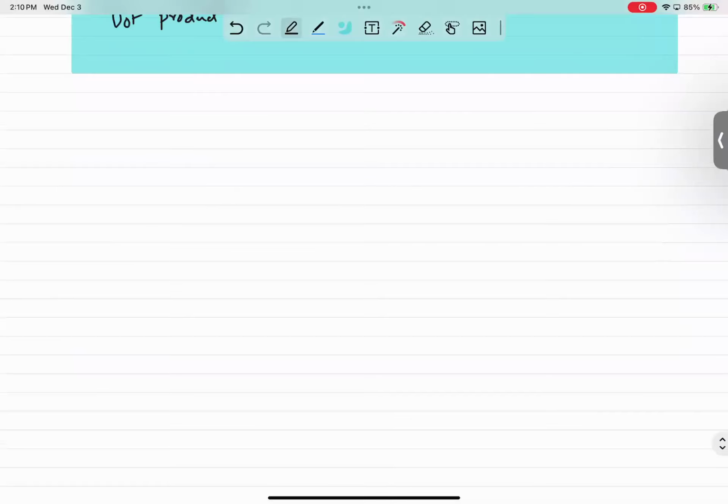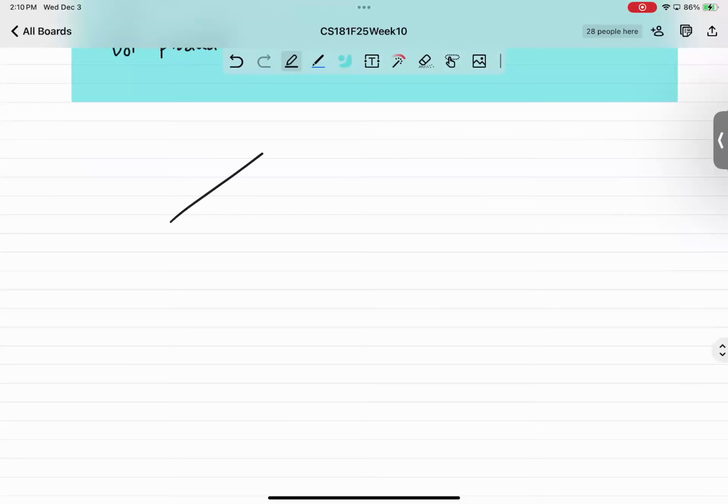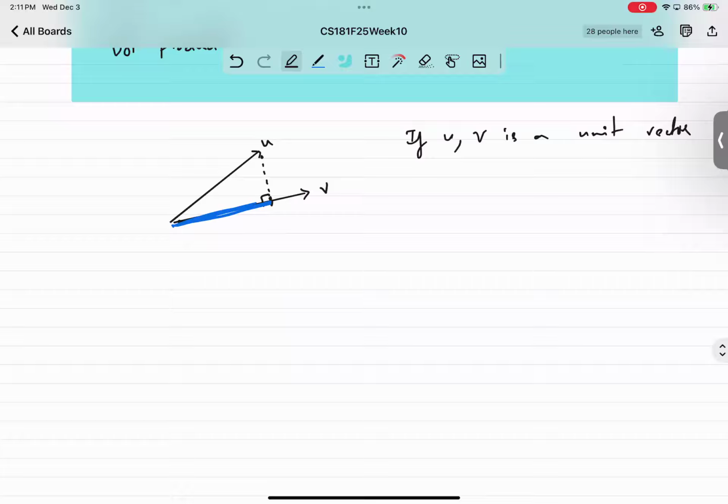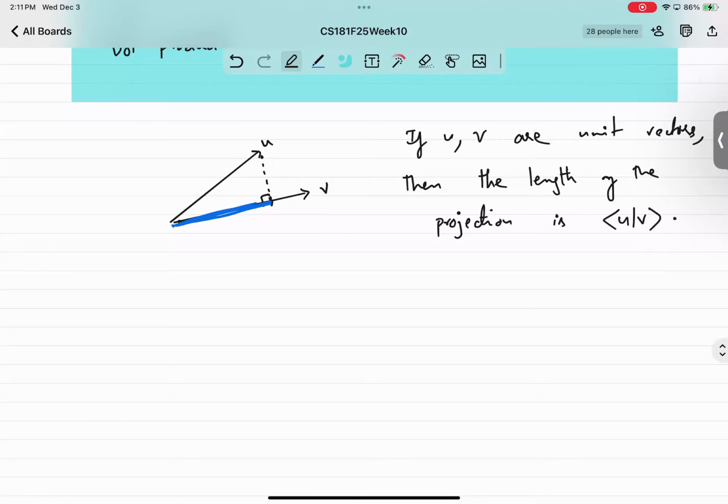So for example, if I have two vectors u and v, and let's say u and v are unit vectors, then the length of the projection is the dot product.